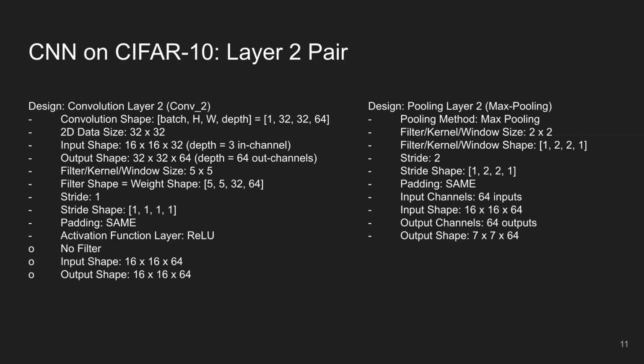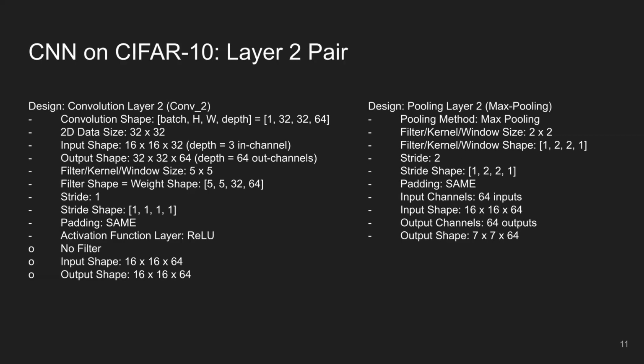The convolutional layer on layer 2 here, following the MNIST homework earlier, was now at a 1 by 32 by 32 by 64 input shape. 2D size still 32 by 32, input 16 by 16 by 32, again with a depth of 3 though for the input channel, and then an output channel of 32 by 32 by 64.